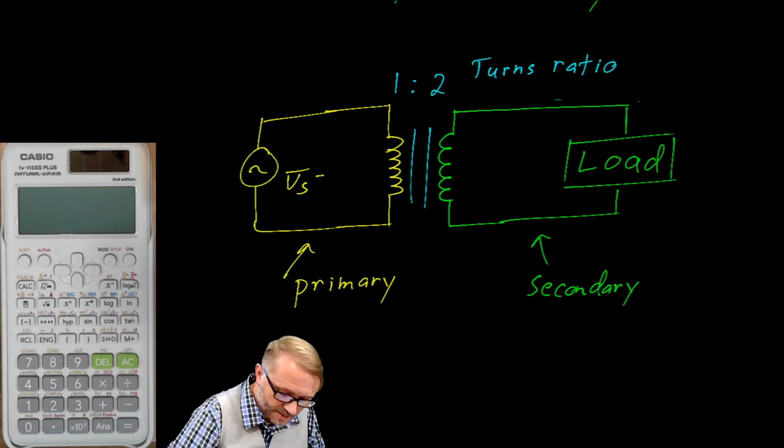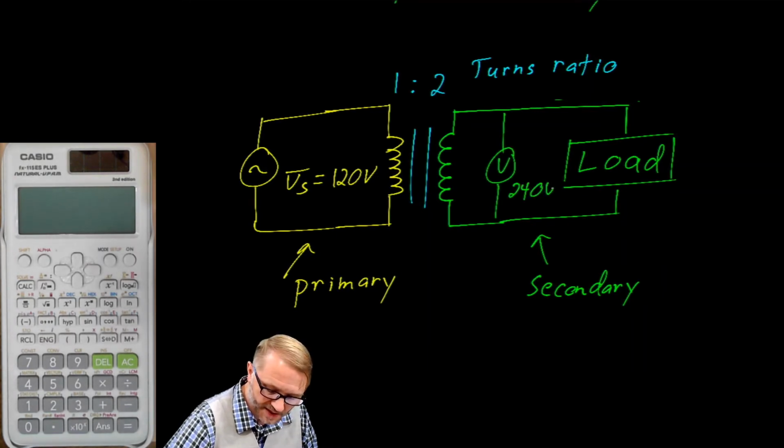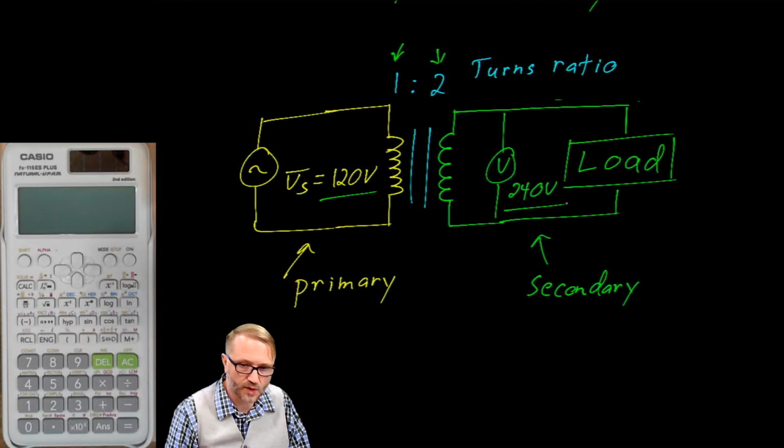For this problem, if we have 120 volts on this side, we are going to have a voltage of 240 on this side. The turns ratio is such that 1 on this side becomes 2 on that side. So our 120 volts is doubled as it goes to the transformer, becoming 240.